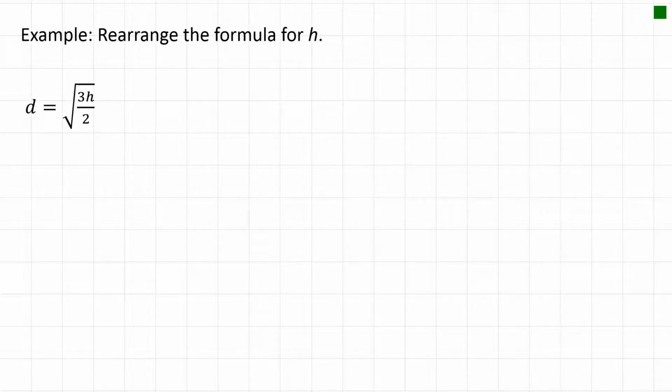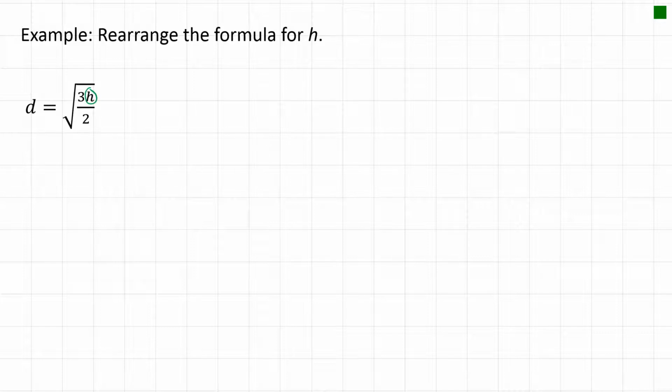The example we're going to show you now is how to rearrange this formula for h. So really this is like solving a radical equation, only we're going to do it without getting some value at the end. It's going to be solving it for h, but we're still going to have this other variable d in the equation.